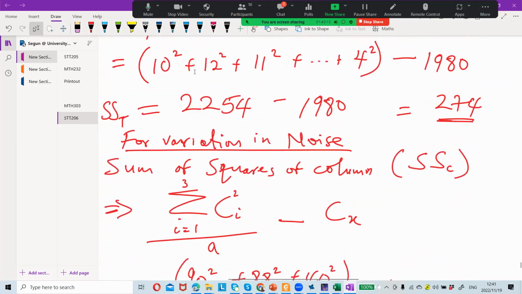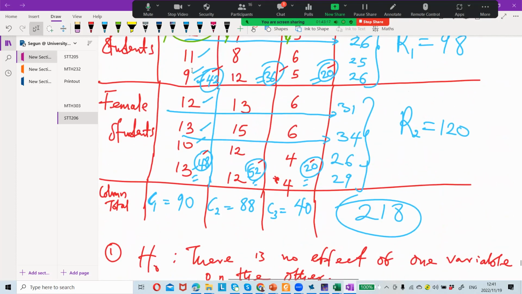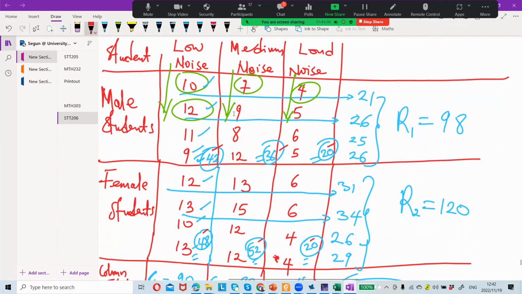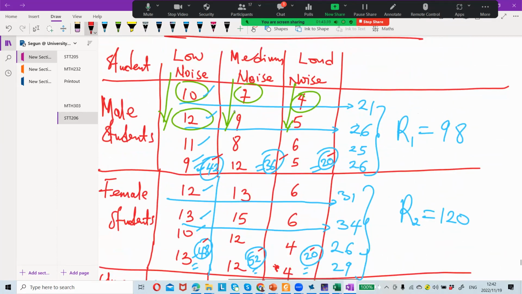Remember, the first time we pick the column, we only pick one by one. 1, 2, 3. We count the number of the marks, which is 12, right? Which is 8. But in this case now, for us to have the row, how many columns does he have here? We have 3 columns.